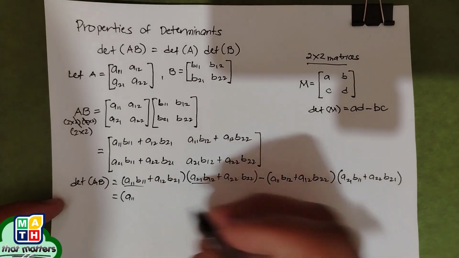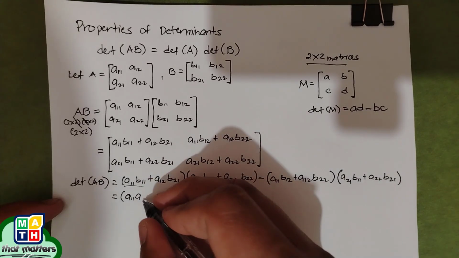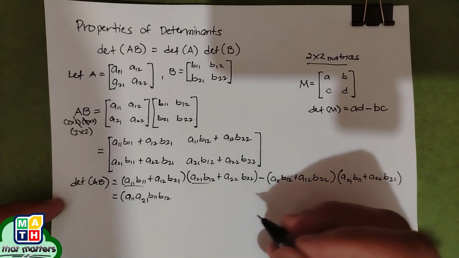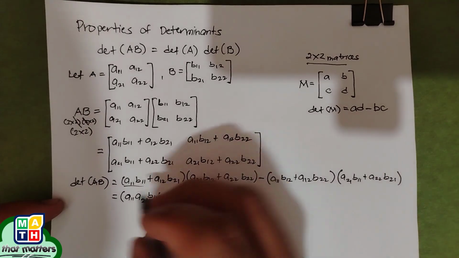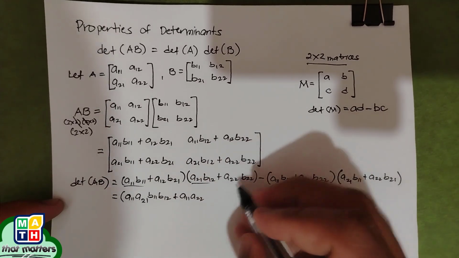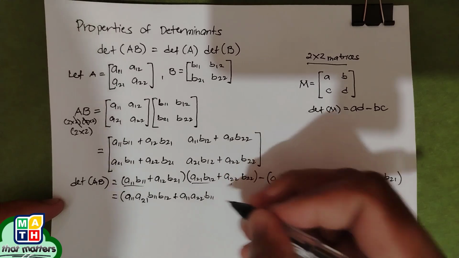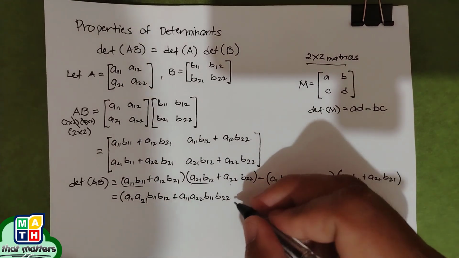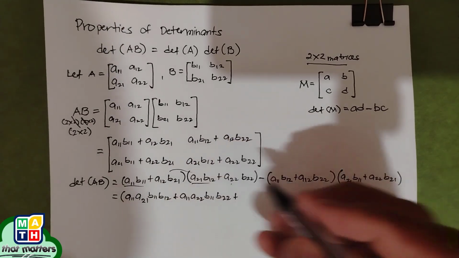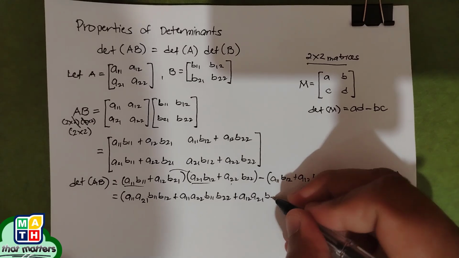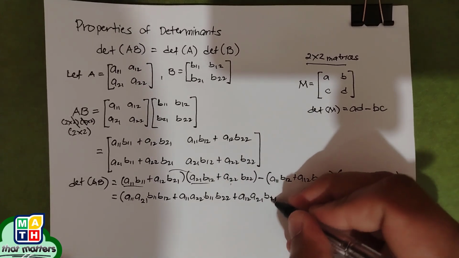So A11, let's start with all the A's. A21 B11 B12. Outer, so you have plus A11 A22, this one here, B11 B22. Right? Then plus inner, you have here A12 A21 B21, or B12. Let's start with B12.